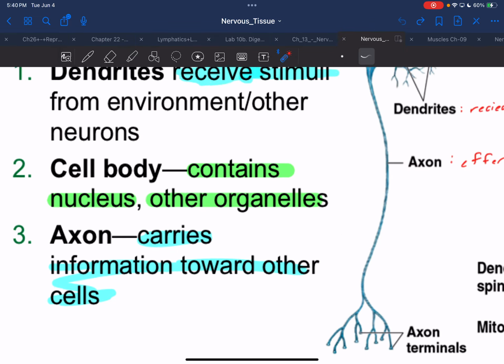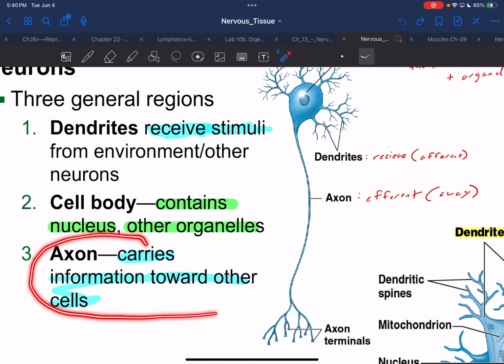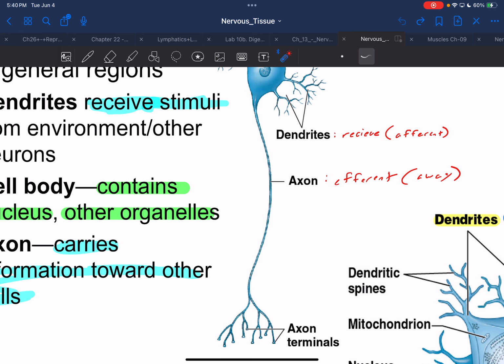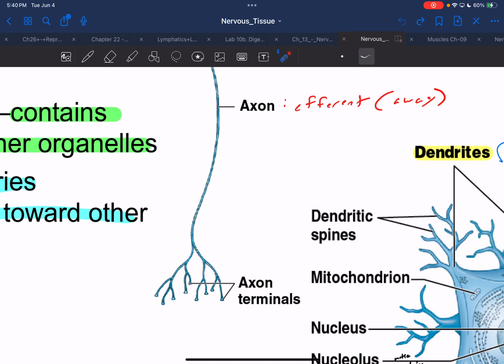Now with that, the last segment we have is that the axon is going to send signals away from the cell body, and then they are going to arrive at the endings of the axons called the axon terminals.